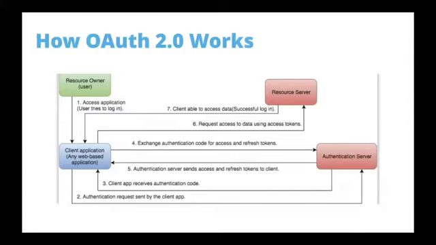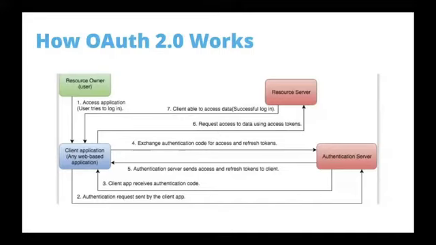While we are doing that, we will be defining the scope of operation which can be done by the client on the protected resource, and the authentication server sends back a code to the client. Using the code, the client again approaches the authentication server for access and refresh token. The authentication server validates the code and sends the refresh token and access token to the client.